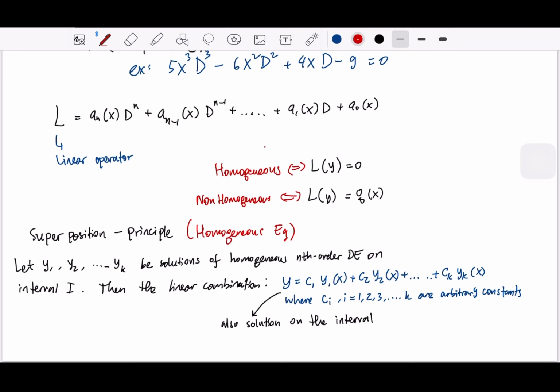So y equals a constant multiplied with y1 plus another constant times y2, and another constant, up to some k, are also in our set of solutions. Okay? That's what the superposition principle means. We combine all the solutions within this long equation, and that is also our solution. Okay, that's the superposition.